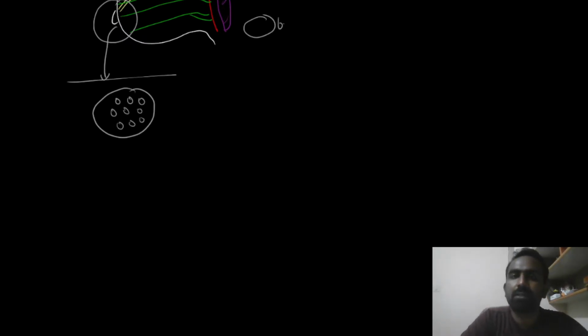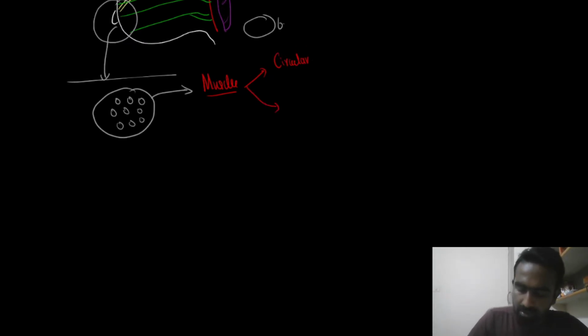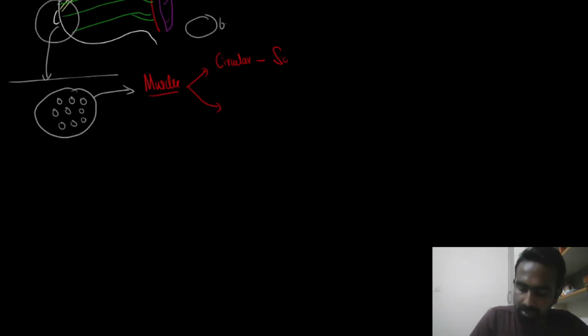At the nipple areolar complex, there will be multiple lactiferous ducts opening. There are two important muscles. One is the circular muscles, called Sappey's muscle, which helps in nipple erection.